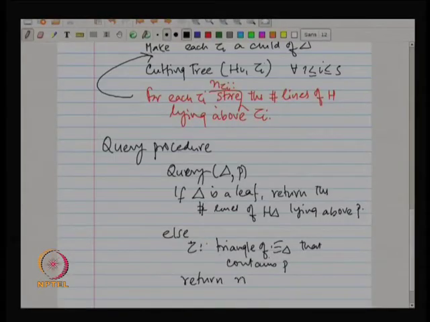And then what you do is you return the value n tau, so how many lines lie above this red triangle, plus recursively count the lines in the child, plus query. Okay, so that's the procedure.